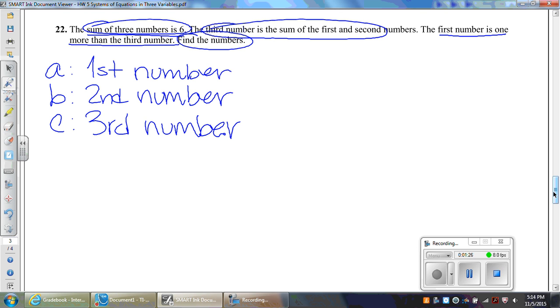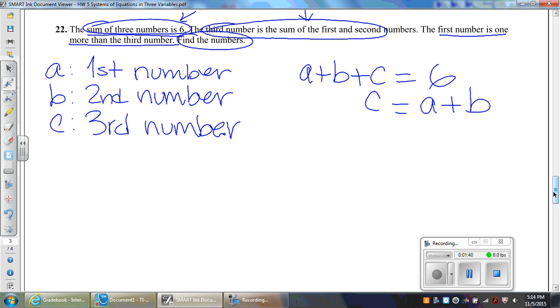So by the first statement, I could say that A plus B plus C is equal to 6. By the second statement, we could say that the third number is the sum of the first and the second. And by the last statement, the first number is 1 more than the third number. So the third number is C, and 1 more will be plus 1.